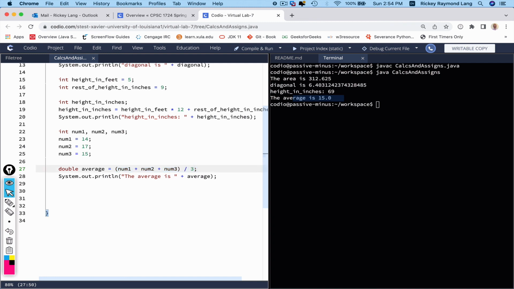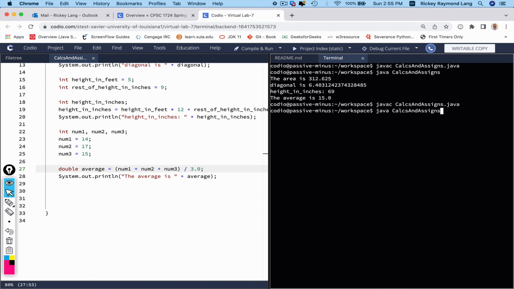So if I want floating point division to happen so that I can retain the fractional portion, I have to make sure that either the numerator or the denominator of the division is a floating point value. Let's take a look at that. Okay, well that's better. That's what we expect. The average of these three numbers is not 15 exactly, it's 15.3.